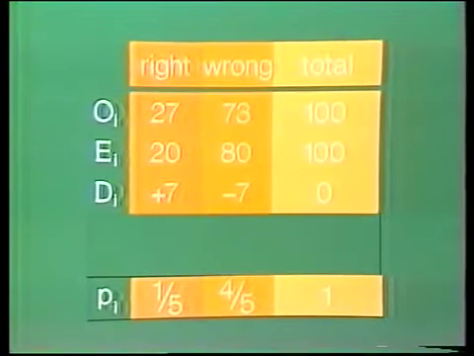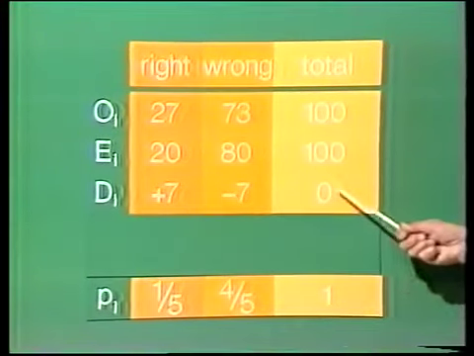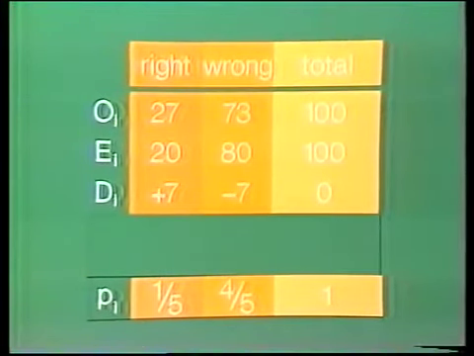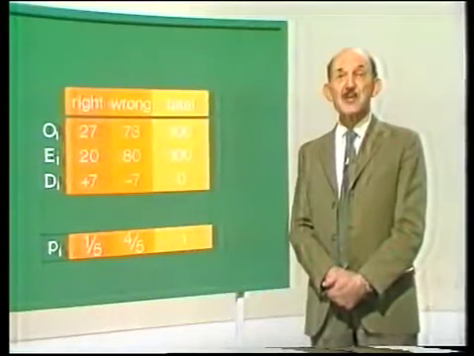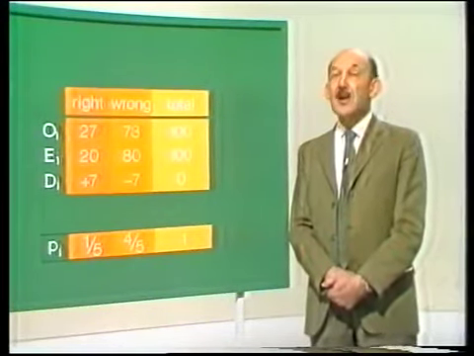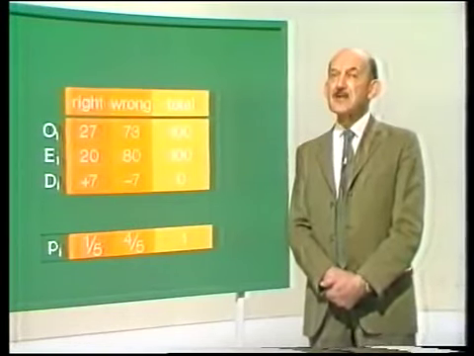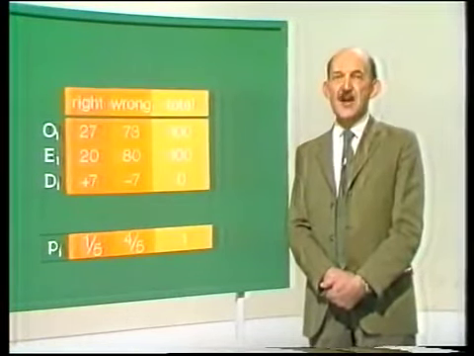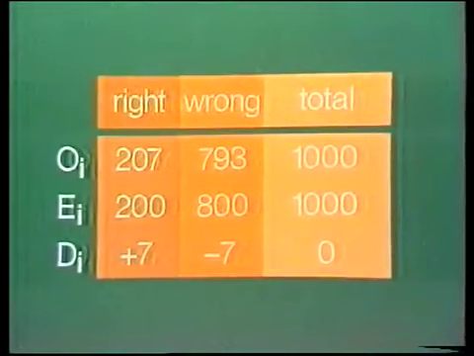Clearly, we can't just add them together. We'd get 0. Well, to stop the plus and minus cancelling out, we could square these deviations and then add them. Would this give us a suitable measure? No, it doesn't, because it doesn't take into account the size of the sample. Look at these data instead.